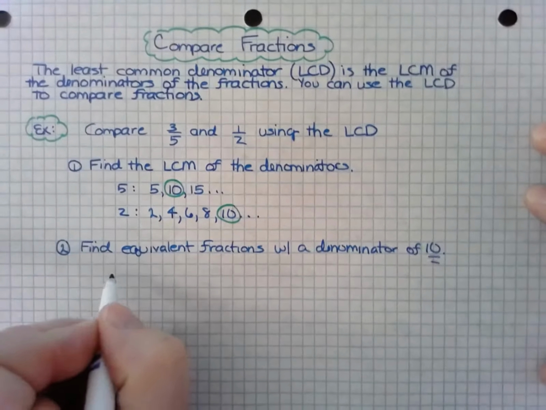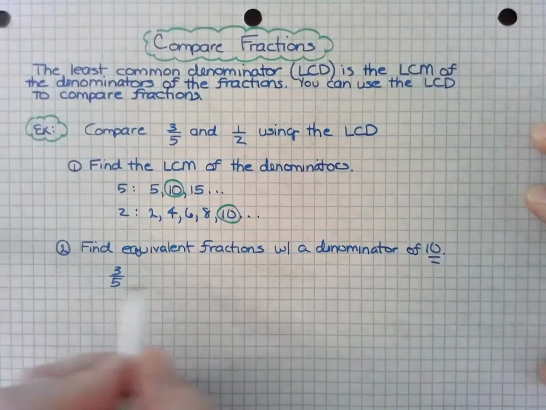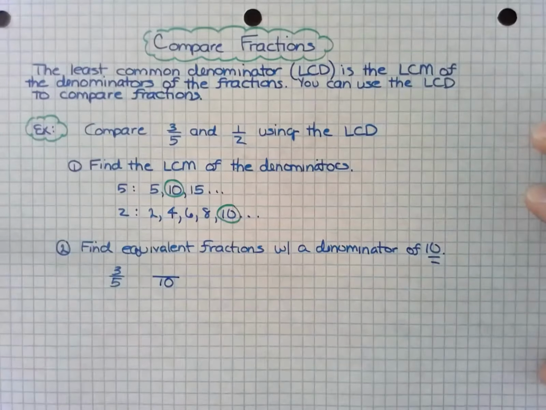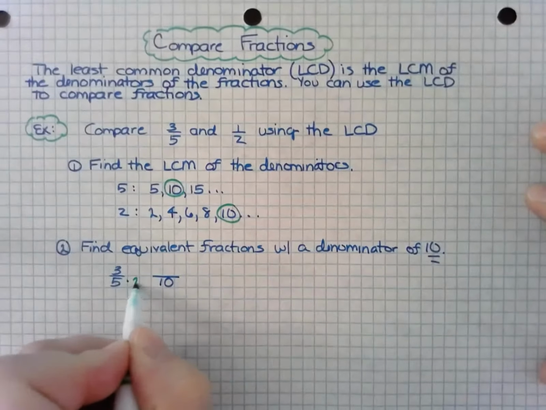So I have 3/5, and I need to make it a denominator of 10. So what can I multiply 5 by to get to 10? I can multiply by 2.